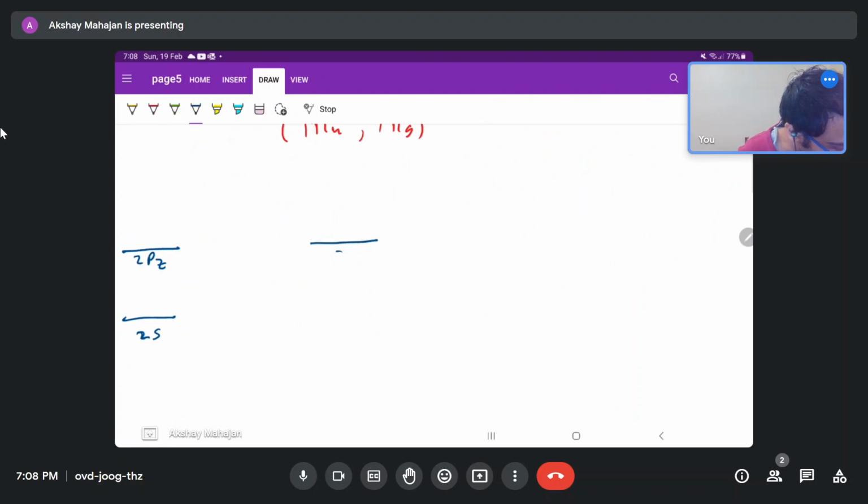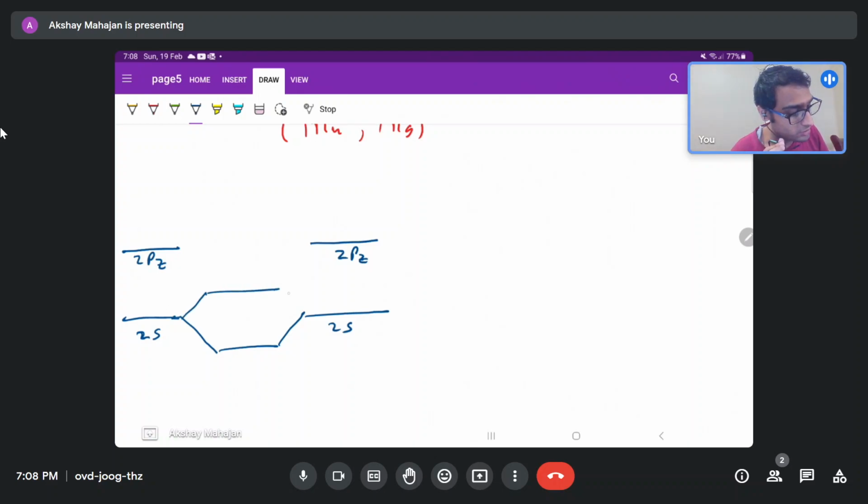Similarly, I will have 2pz from this other oxygen atom, and 2s from here. Now they form these molecular orbitals, and all these four are going to be the linear combination of orbitals from these two oxygen atoms.